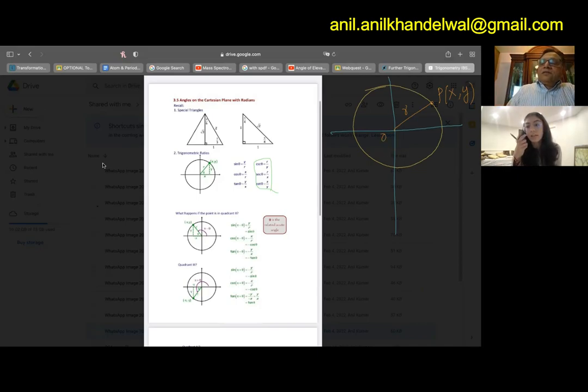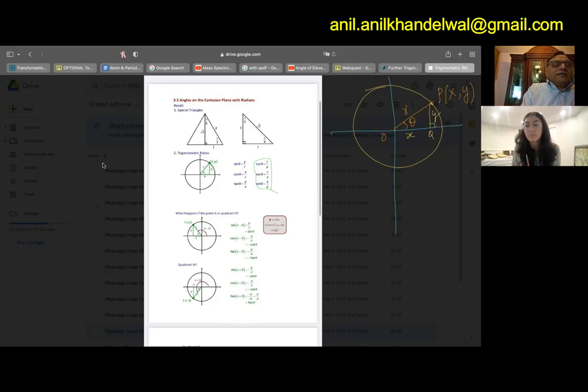And the angle which it makes with the positive X axis is theta. Now, in this case, let us define all our trigonometric ratios. Clearly, if x and y is the coordinate, that means if I drop a perpendicular, then the horizontal distance from O to, let's say, Q will be x, and the vertical distance will be y, correct?